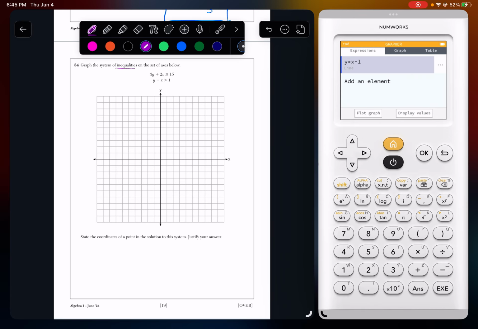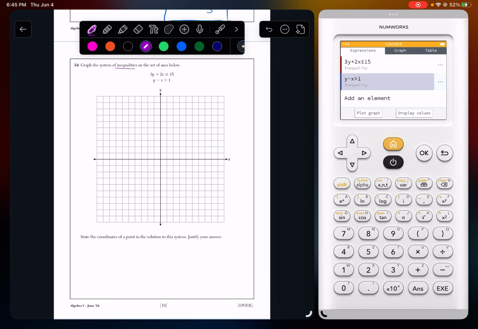All right, I think I did that too fast. We might have to go back. But 3y plus 2x. Remember, we can use the toolbox for less than or equal to. Is less than or equal to 15. And then y minus x is greater than 1.